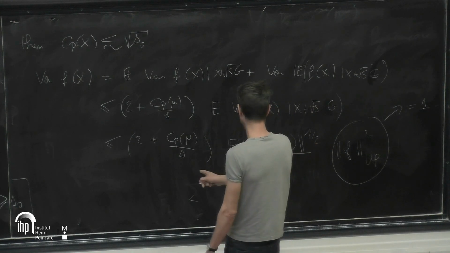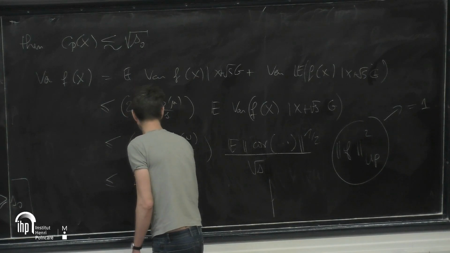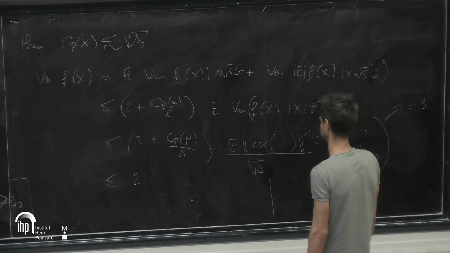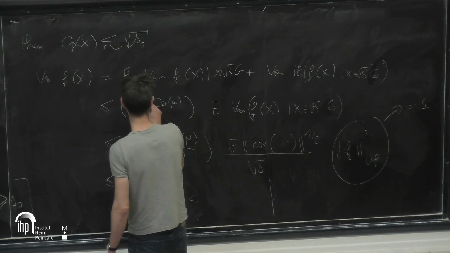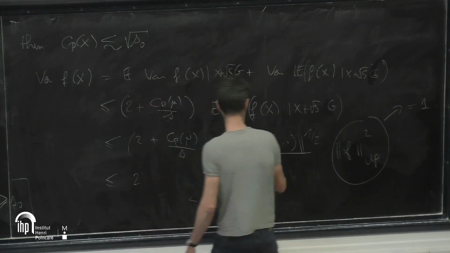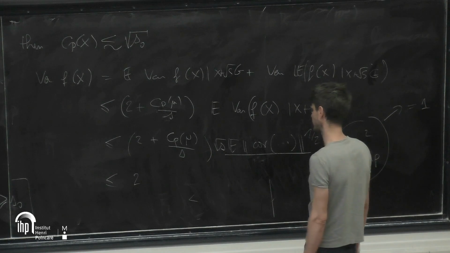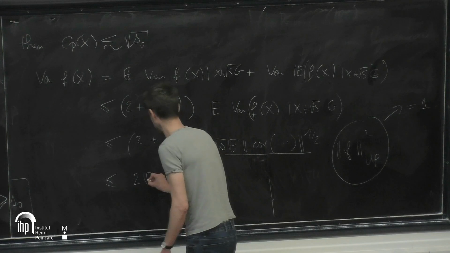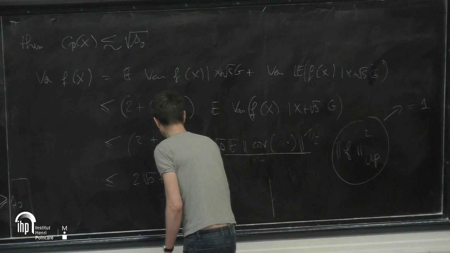And you use Emmanuel Milman, and so you get 2 square root of s plus Cp of mu divided by square root of s.